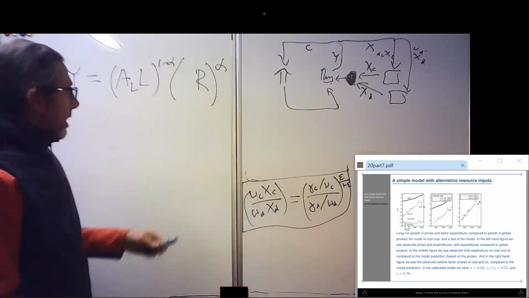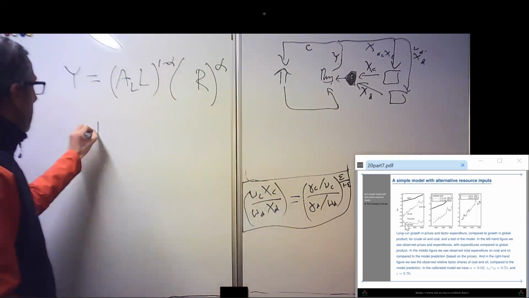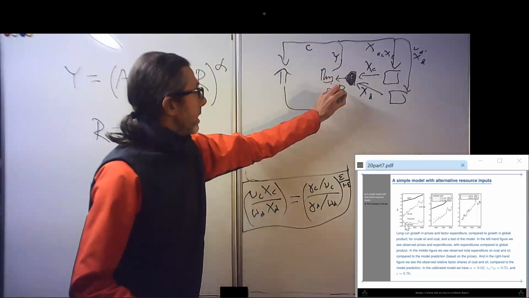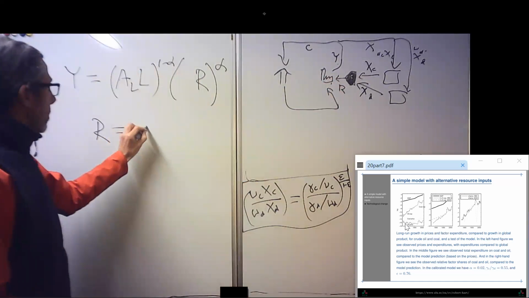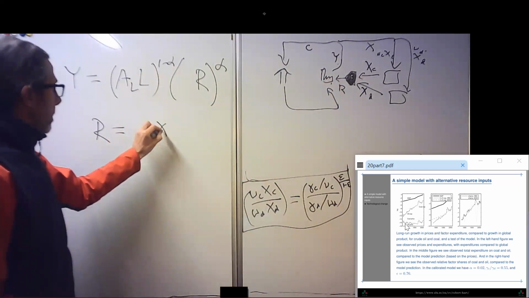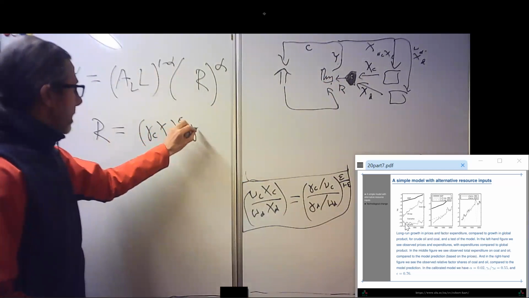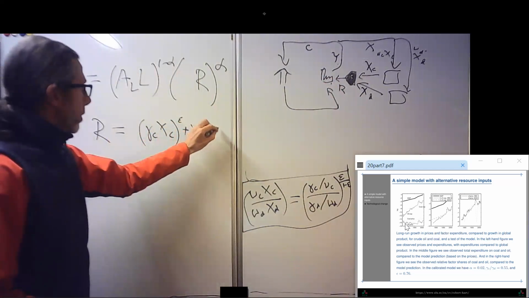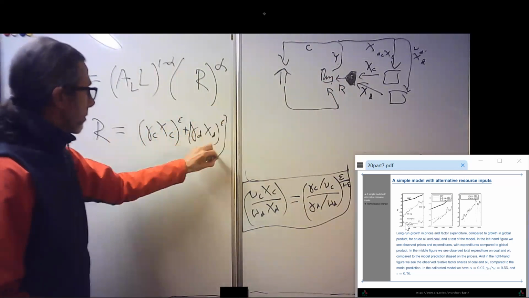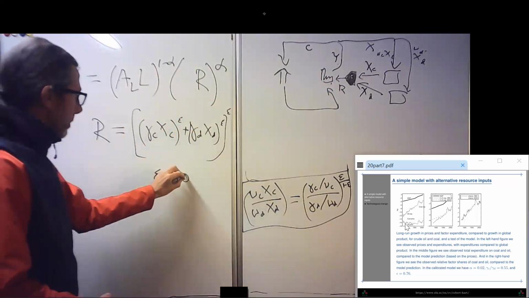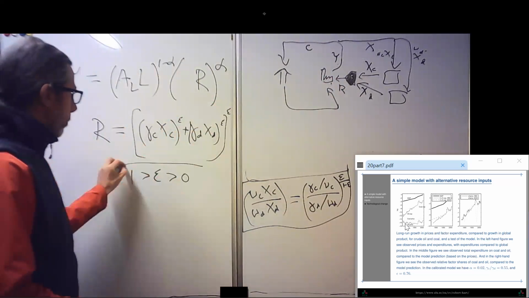And R is the overall resource input, which is the CES combination of input C and input D, where epsilon is greater than 0, but less than 1.